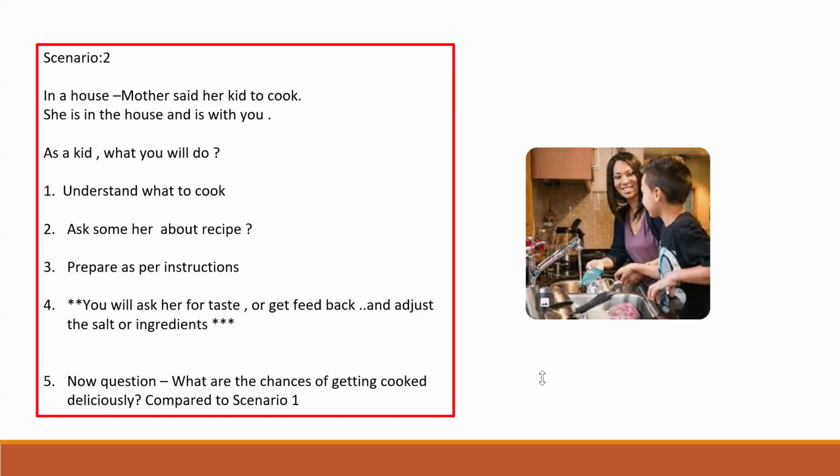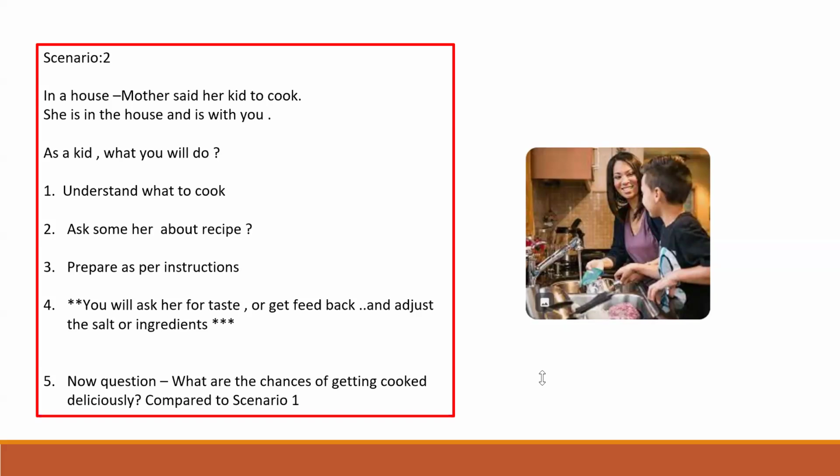So that particular support is there in the second scenario. And the next one is, when you're cooking, if you feel something should be added or changed, you can go and ask her. You can take the feedback on the taste or recipe, and you can accordingly adjust your preparation.